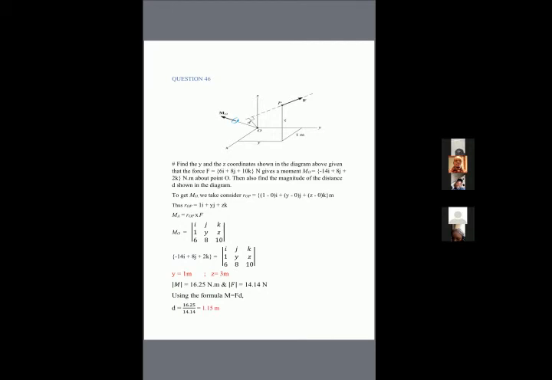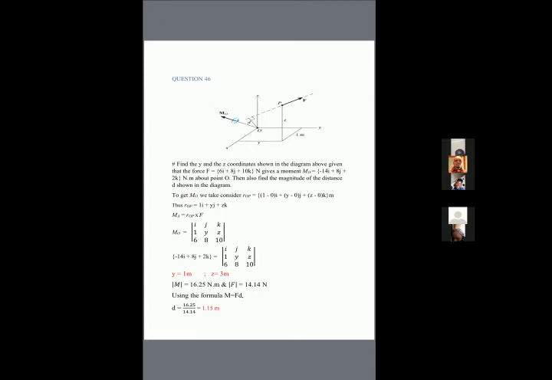So once we have the matrix there, for the moment about point O, you have y and z as the only things that you don't know. The moment at O, you have them there, negative 14i plus 8j plus 2k, is equal to the matrix there.